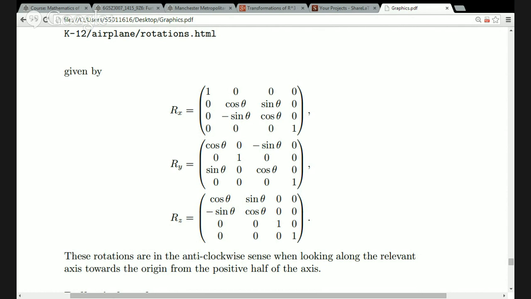Then at this point I do the required rotation by theta about the d axis, because d is now aligned with the z axis. So now I do the actual rotation that was described originally.